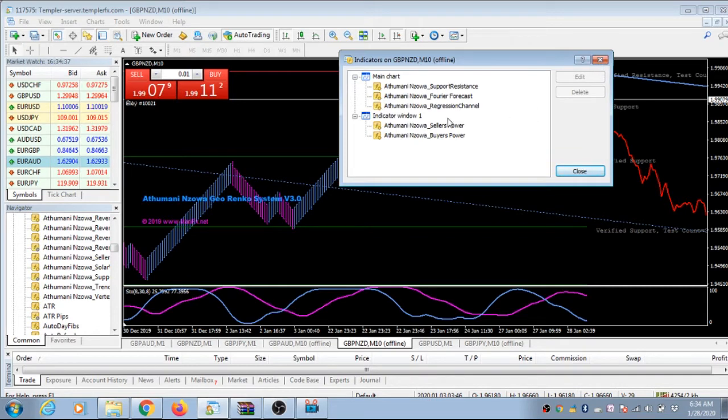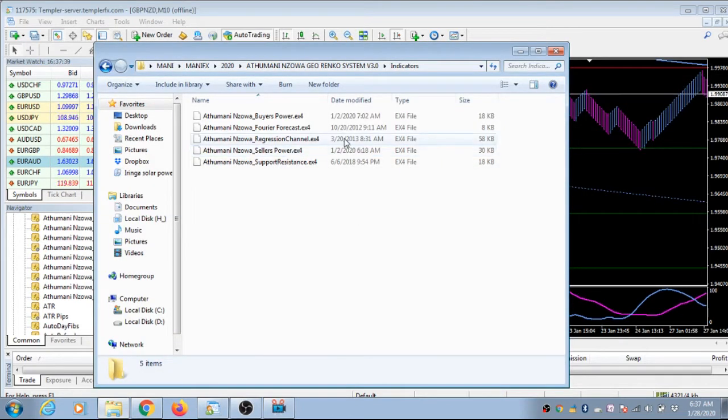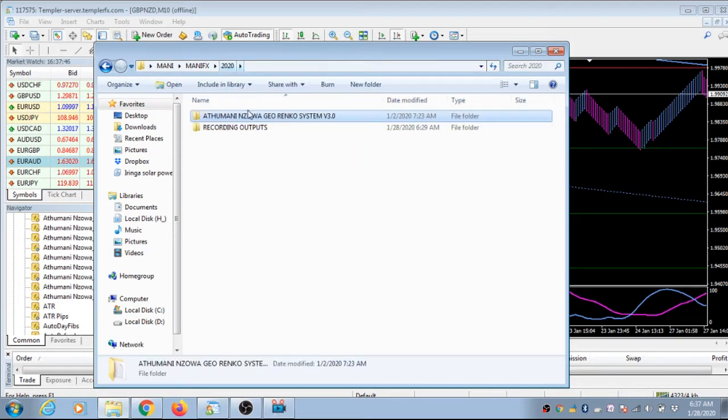So before even coming to indicators, when you download the zipped file from my website, you're going to get a folder just like this one.